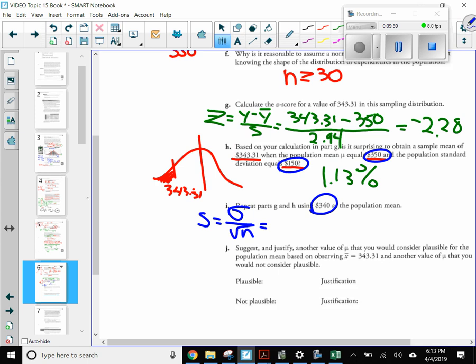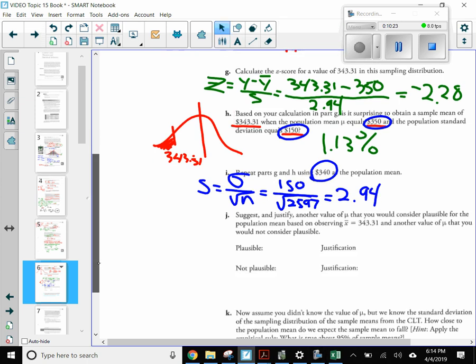The standard deviation of the population is 150, the n remains at 2597, so my standard deviation is still going to be 2.94. Well, let's then take a look at the z-score for that.